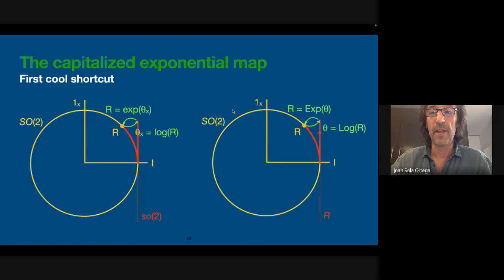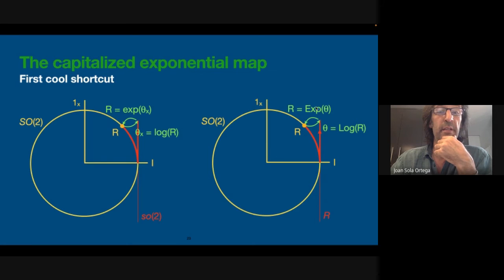Let's go to this left drawing. This is what we just saw, R equal exponential of theta cross. Theta cross is a skew-symmetric matrix. R is a rotation matrix. Theta cross has 1 degree of freedom, which is theta. So let's say R is the exponential of theta. Why not? And we call it this big exponential to differentiate from the small exponential.